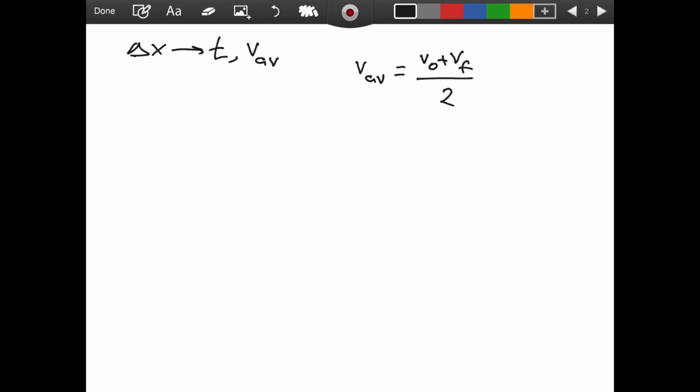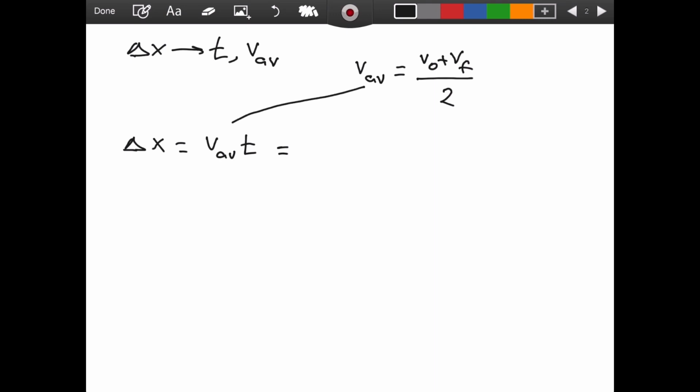This should make sense to you: if we multiply v average with time, we should get delta x. We got this. So, my claim is, if I sum initial and final velocities and then divide by 2, I should get v average. So, let's see if that is the case.